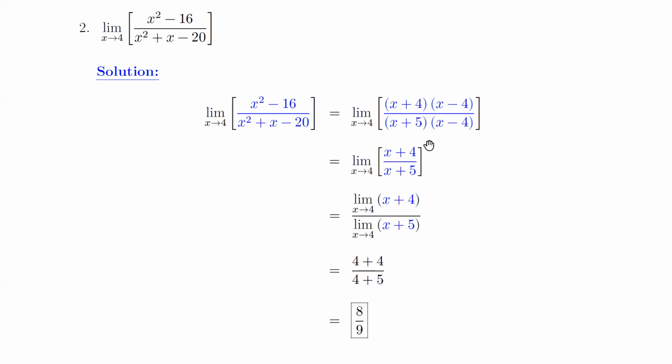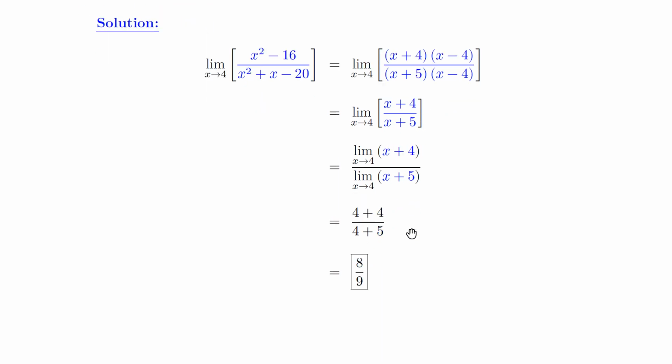But in this case, we can factorize the denominator. We get x plus 5 times x minus 4. Then we cancel the x minus 4 from above and below. And now this is no longer indeterminate, so we can evaluate the limit to get our answer, which in this case is 8 over 9.